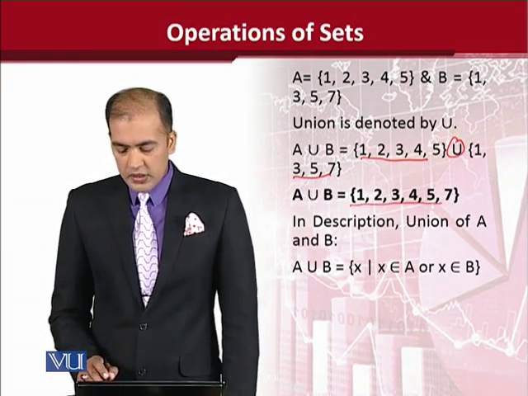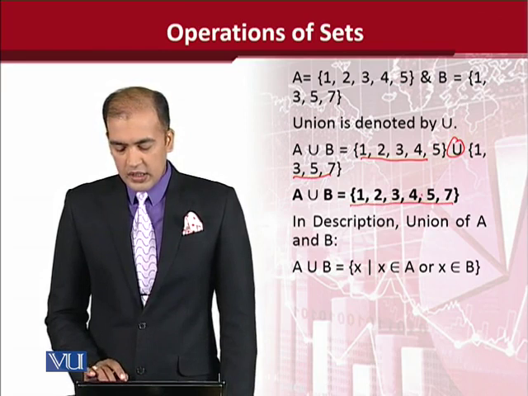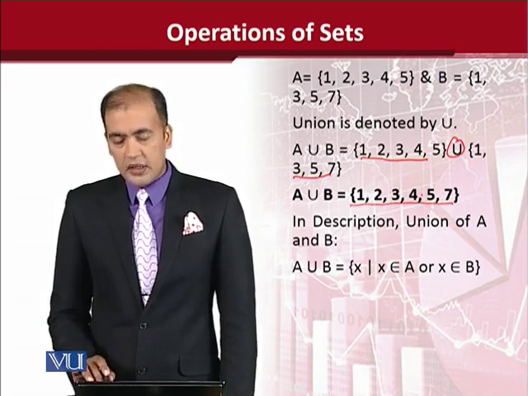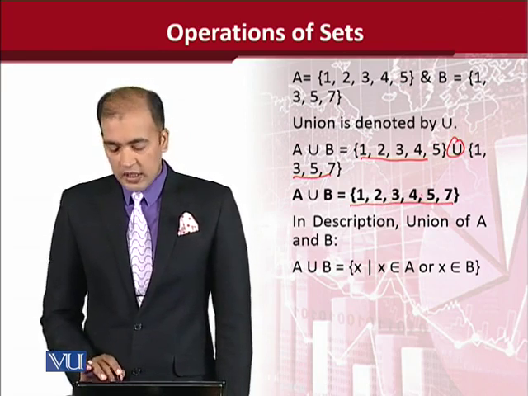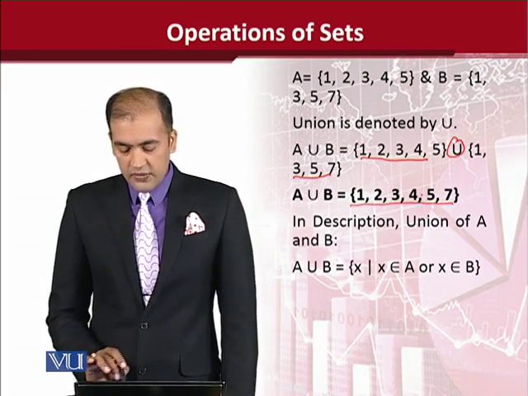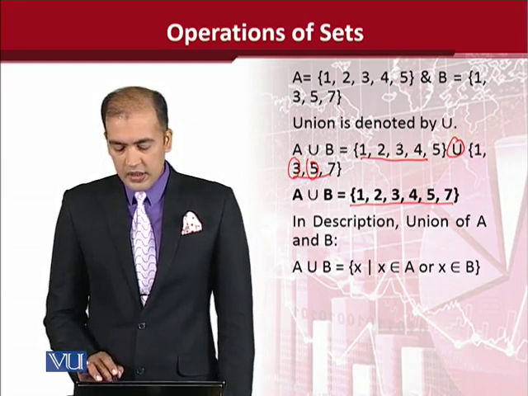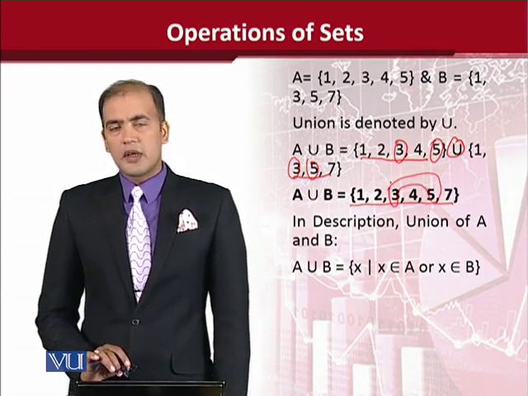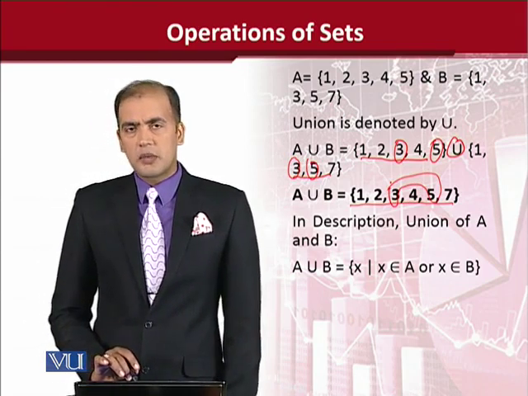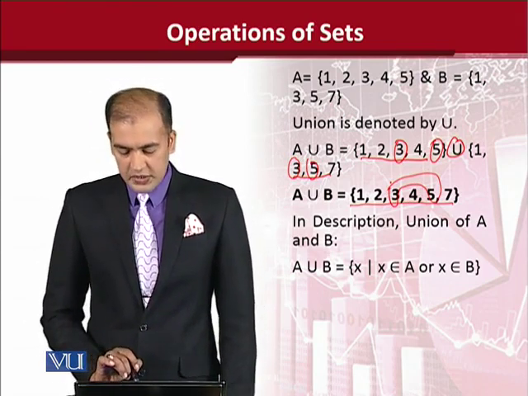And when we take union, all of these are the elements written above in sets A and B. 5 and 3 are the two elements that were in both of them, but we have written them once only. So this is how the union takes place without any repetition.